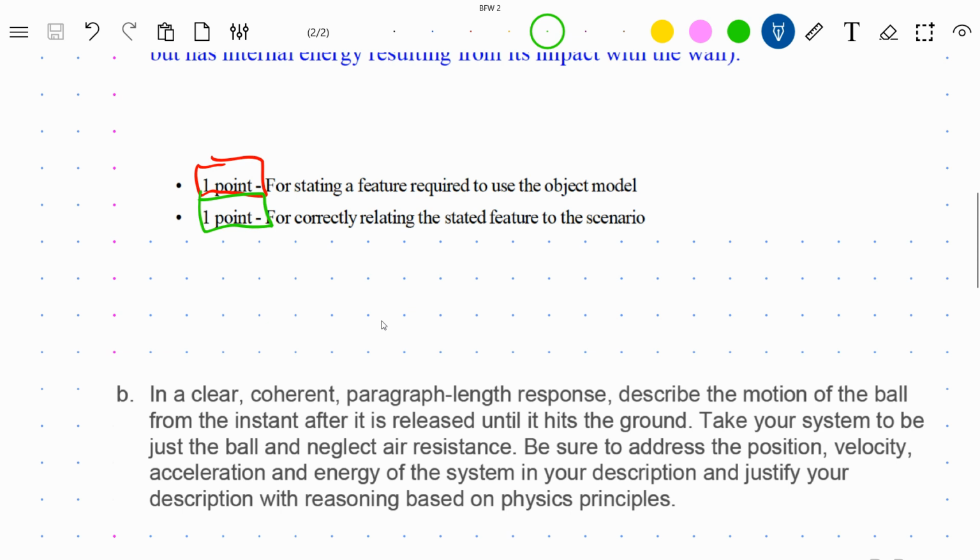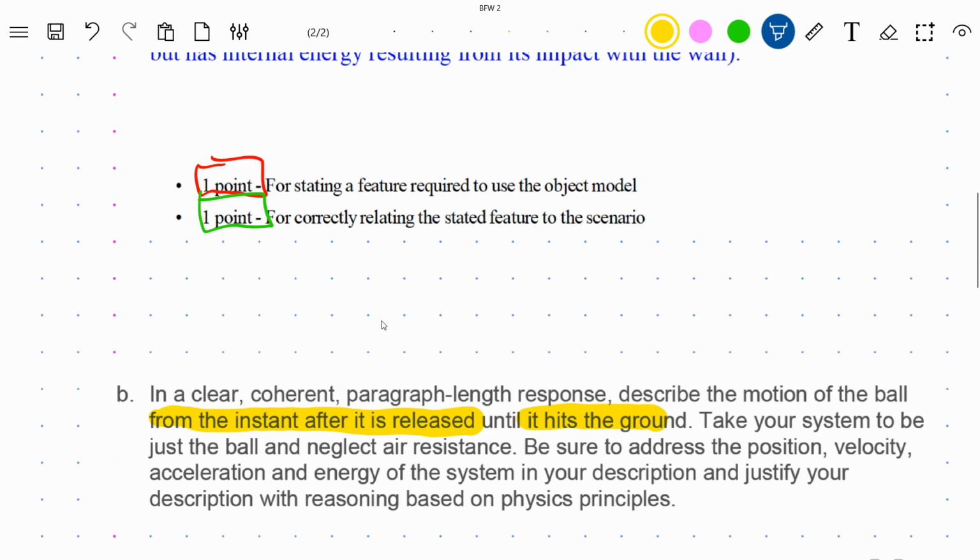In any case, we have to give a paragraph length response to describe the motion of the ball from the instant it is released. So we're not worried about how it got thrown. The person's hand, for example, and how it interacted with the ball is not being included. So from the instant after it is released until it hits the ground. When I read "until it hits the ground," my interpretation is that it has arrived at the ground.